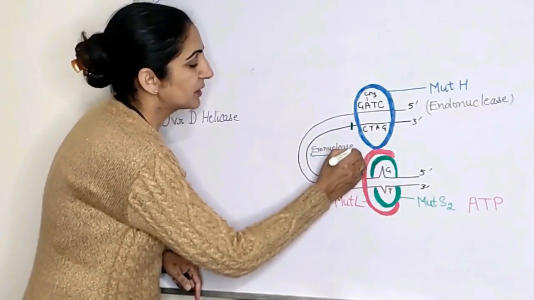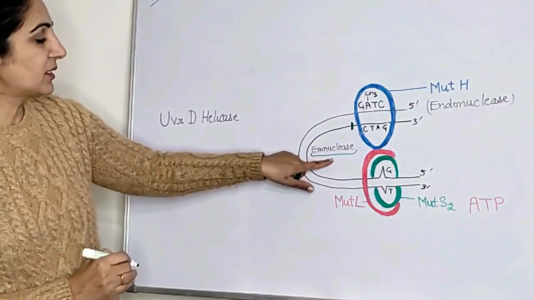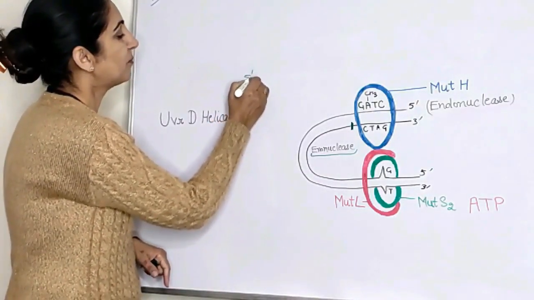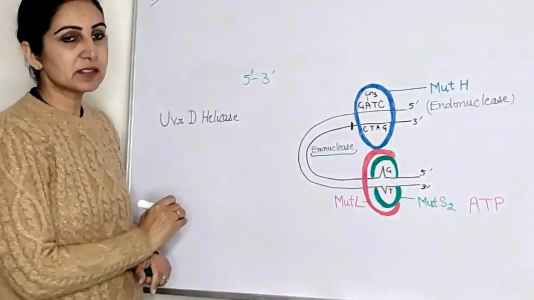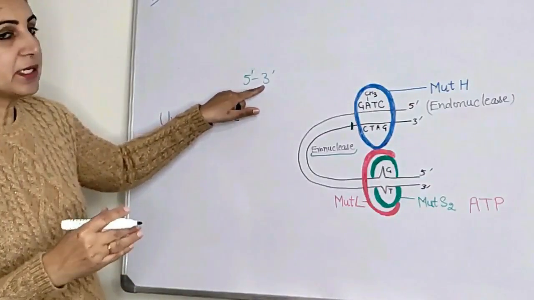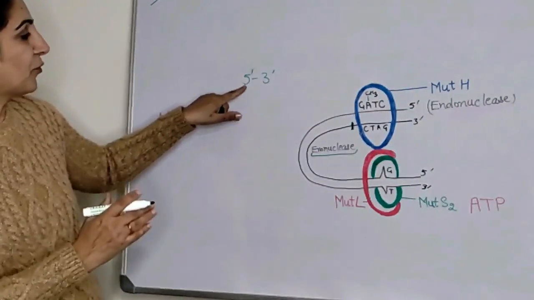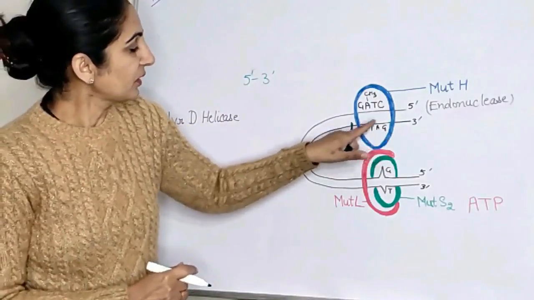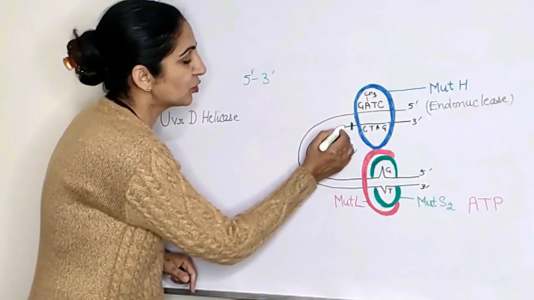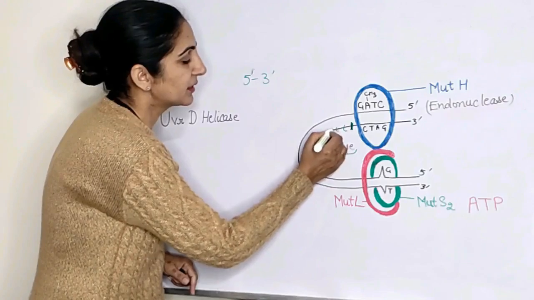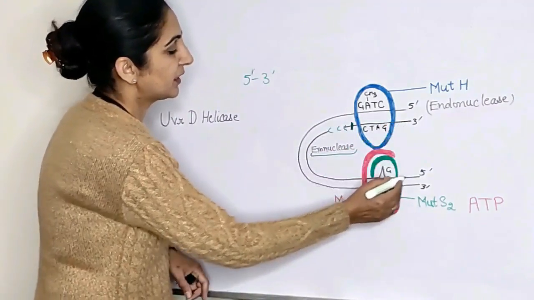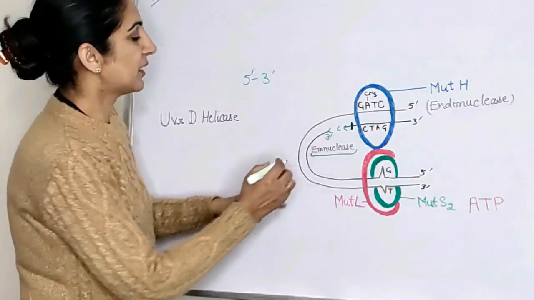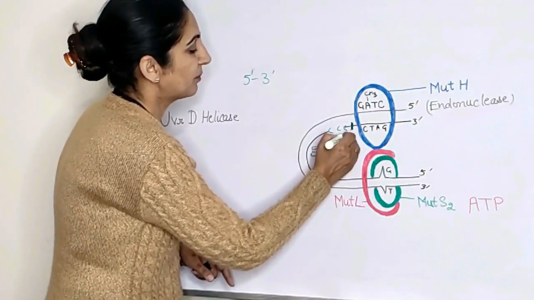exonuclease enzyme comes here. These exonucleases can be 5' to 3' exonuclease, which keeps on cutting the nucleotides from the 5' end. In the present example, this exonuclease has to remove the nucleotides from the 3' end. Here will be the 3' end and here will be the 5' end.